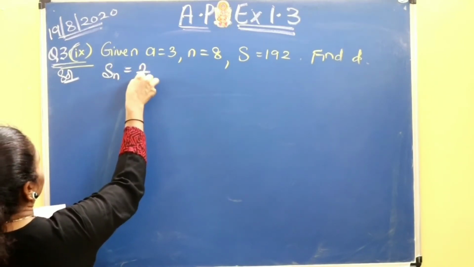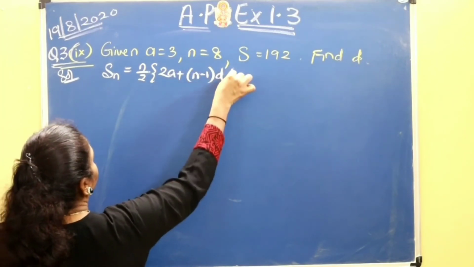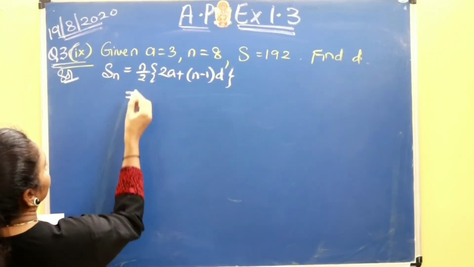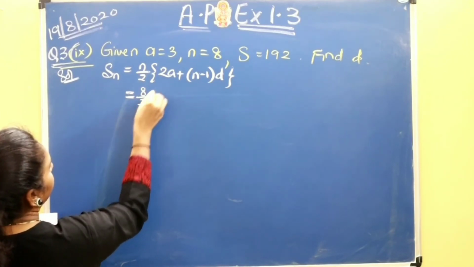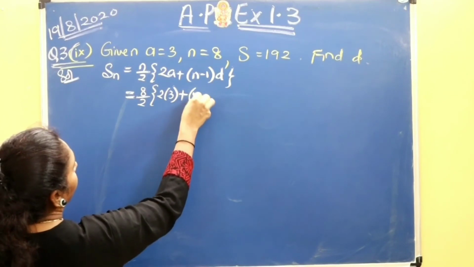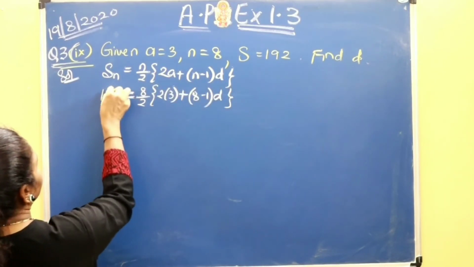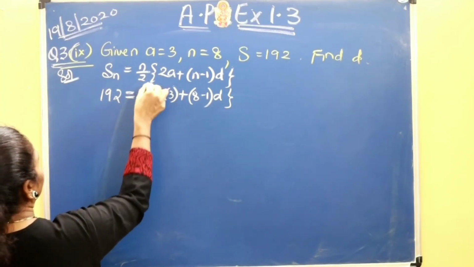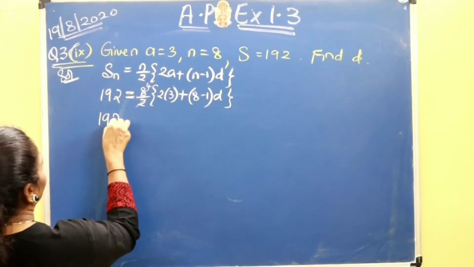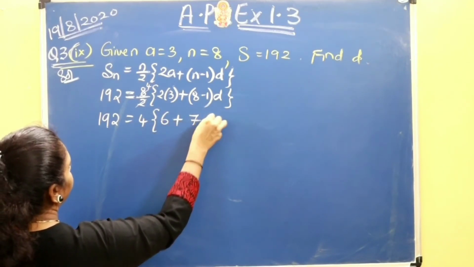Sn is equal to n by 2 into 2a plus n minus 1 into d. So n is 8, 8 by 2, 2 into 3 plus 8 minus 1 into d, which you don't know. Sn is 192. 2 ones are 2, 2 fours are 8, so 192 is equal to 4 into 6 plus 7d.